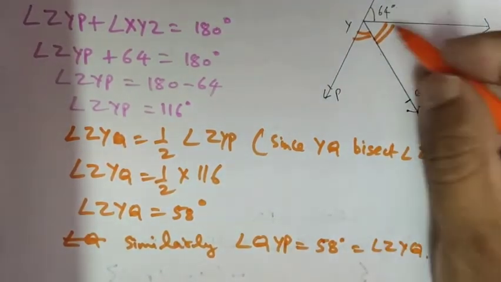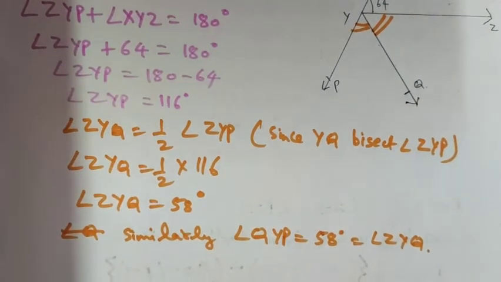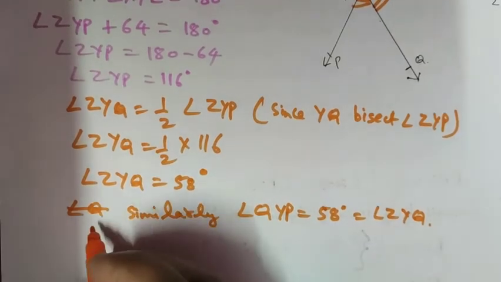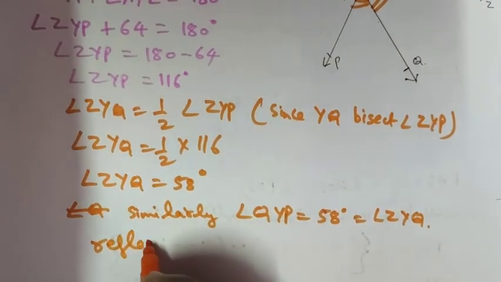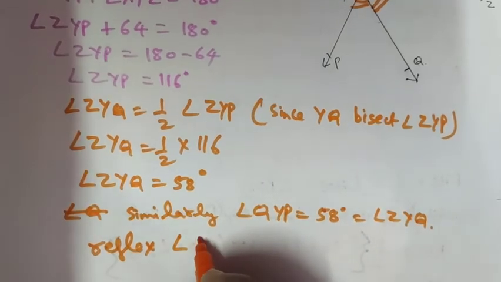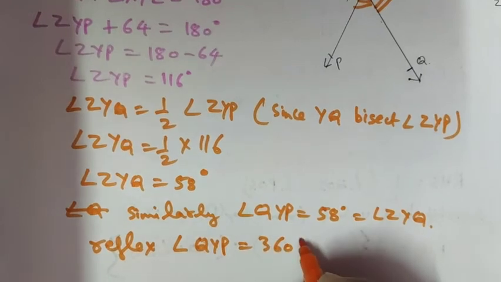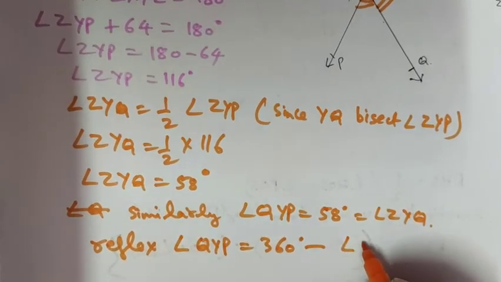QYP and ZYQ will be equal because YQ is the bisector, therefore it will be 58 degrees. Now the reflex of QYP will be equal to 360 degrees minus angle QYP.